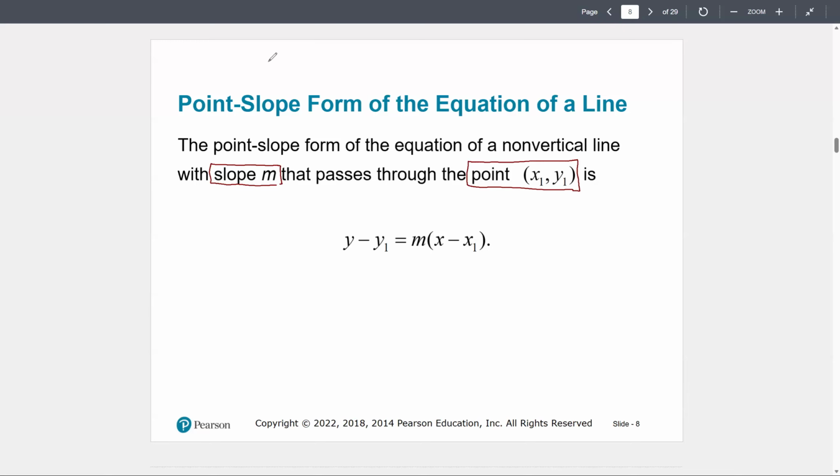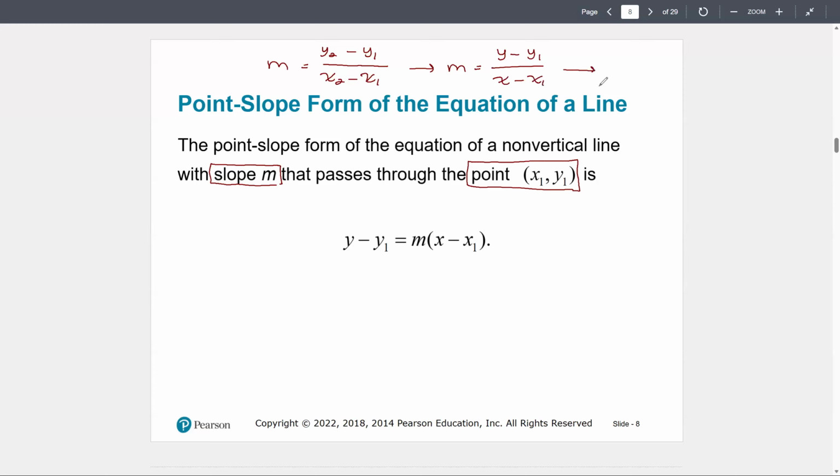What this really comes from is the slope formula. So you have that slope formula and you had your x2, y2. In this case they're constants, because there's a value attached to them, but we want to make them variables. So we've made them variables. We would get y minus y1 over x minus x1.